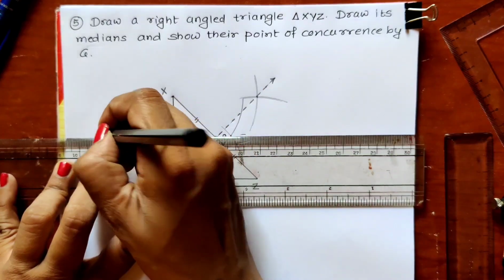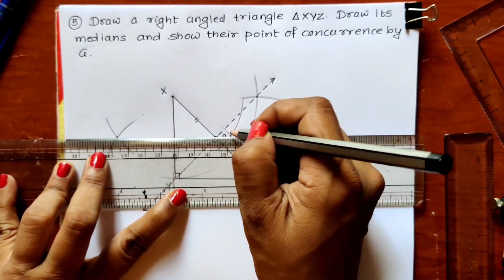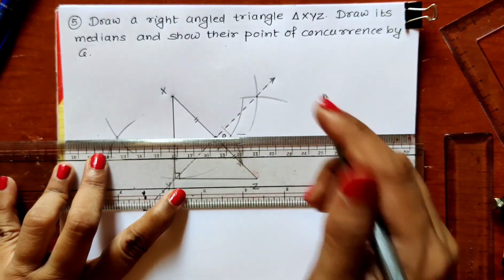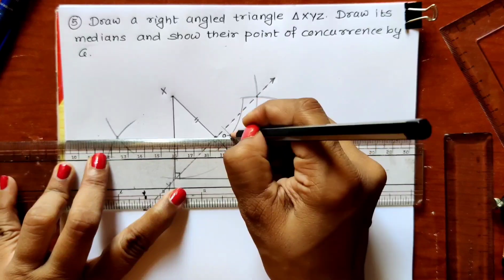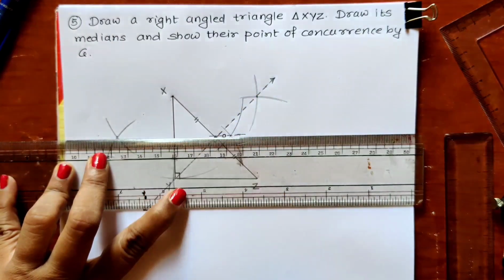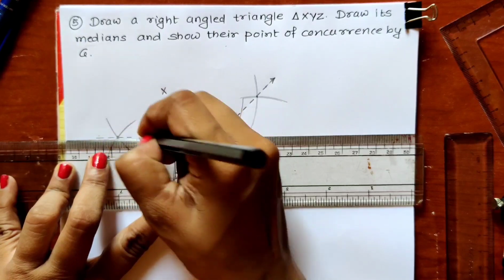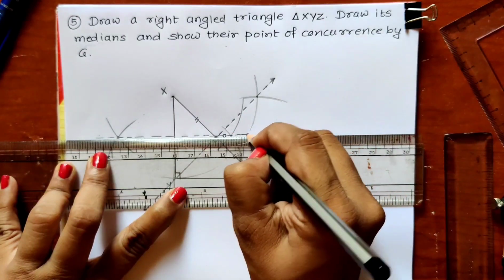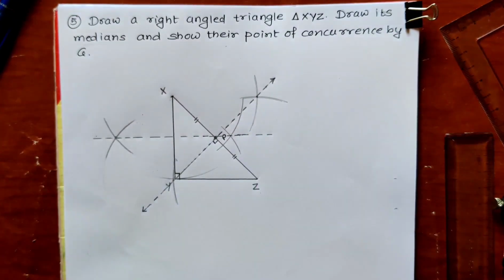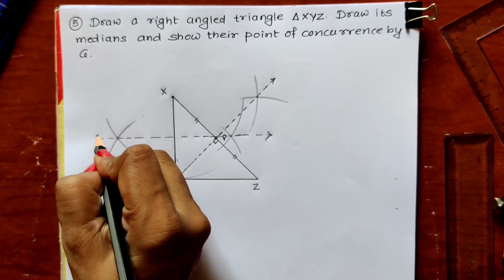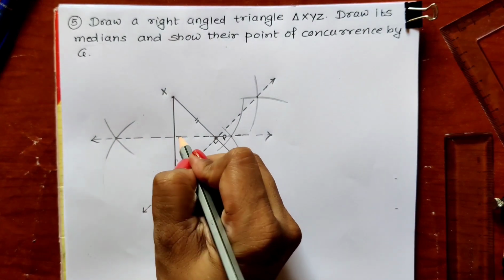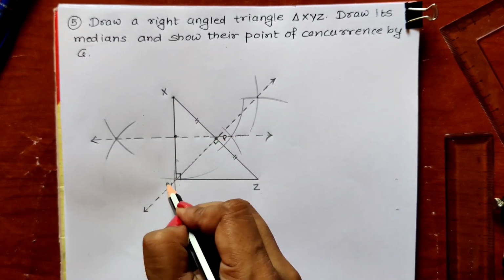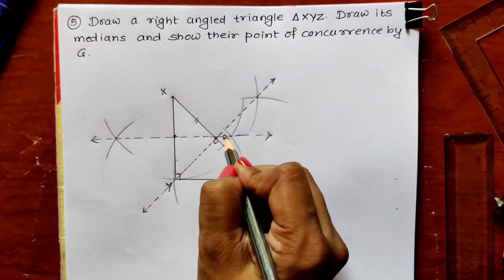Again, I will be drawing a dotted line here. So in this way I have drawn a dotted line, and here I have got this point which is the midpoint of side XY, and this midpoint, this is P.